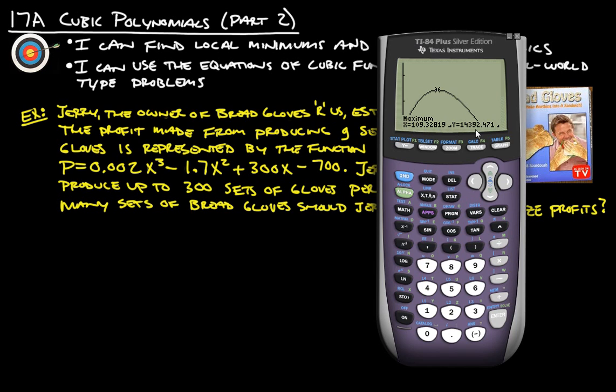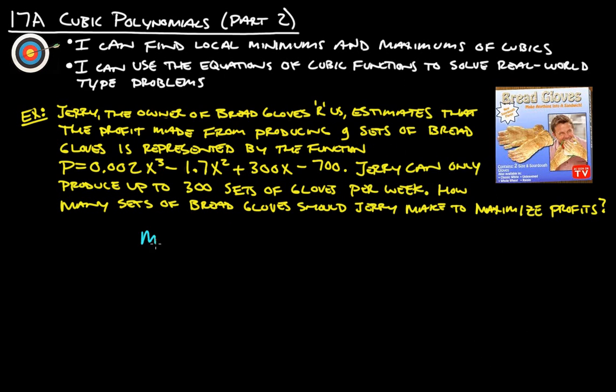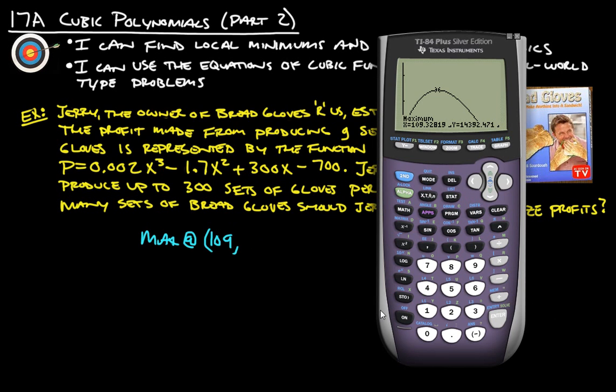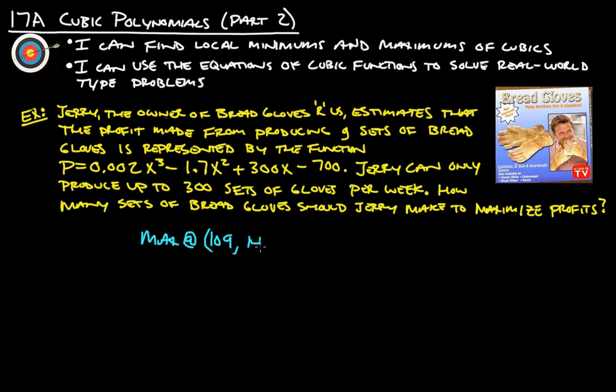So 109, and then we get, I'm not going to be able to remember that, so we get max at 109. And then the other number is 14,392. 14,392 are our two numbers.